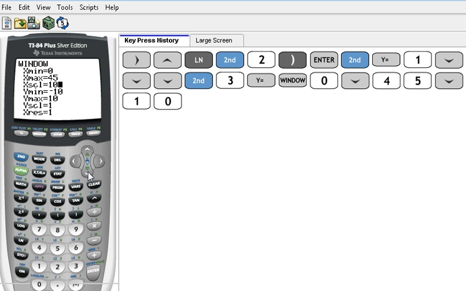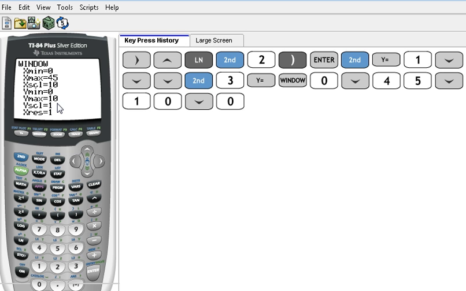Now, in terms of our y data, we took the natural logs of positive values for the expenditure, so we will set the y min equal to 0, and the largest value in L sub 2 was 2400, and the natural log of 2400 is less than 10, so we'll actually leave 10 as the y max and 1 as the y scale.